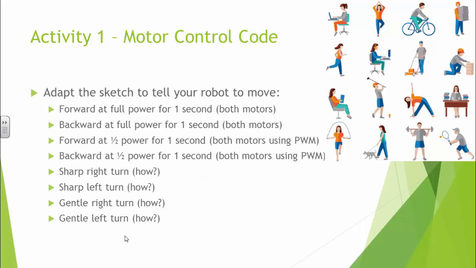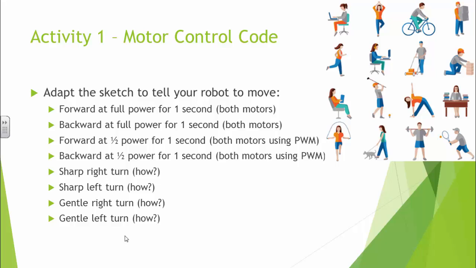Once you've done that, you can then start adapting the sketch to tell your robot to move around. It's usually convenient to put it up on blocks so the motors just spin rather than chasing it around the room. But you can adapt the sketch and get your robot moving forward at full power for 1 second, which means both motors turning the same direction.